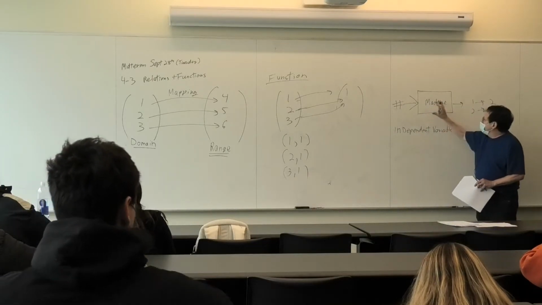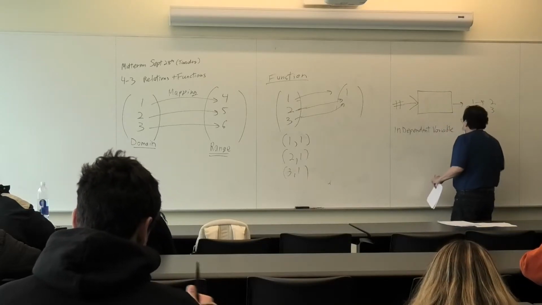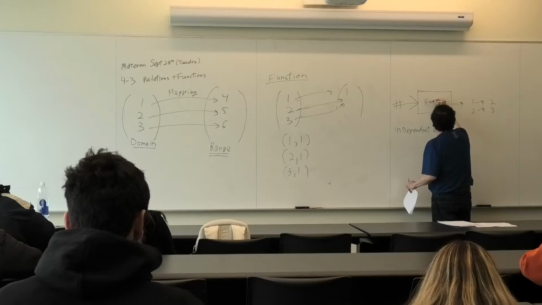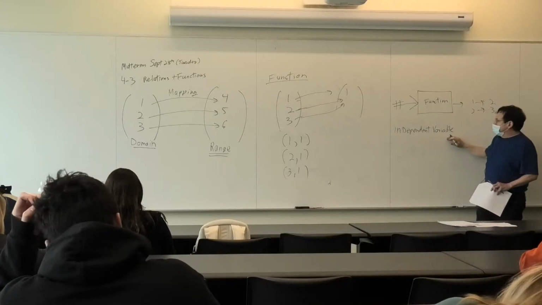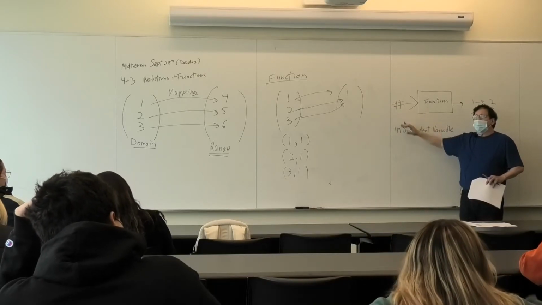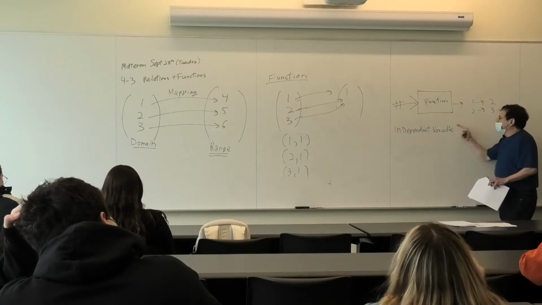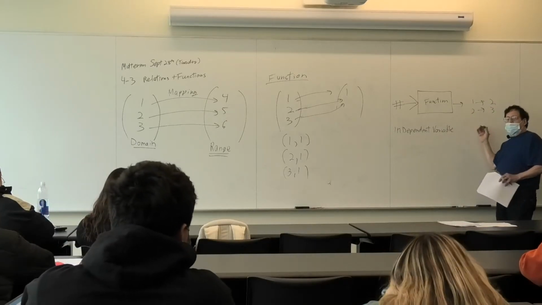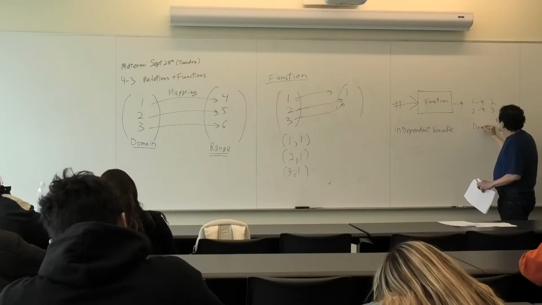And as we have this function, I'm going to remove the word machine and put function. And we get to put in whatever we want. All right? That's what makes it independent. But the output, once we put the input in, the output is fixed. So the output is sometimes called the dependent variable.